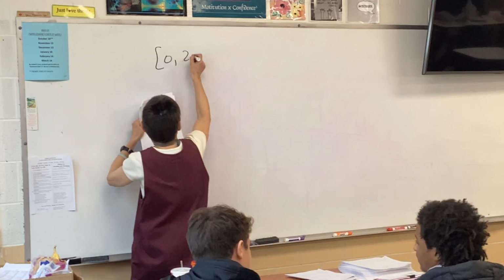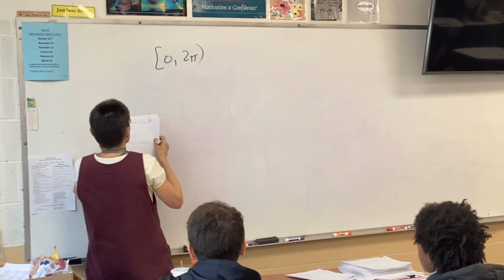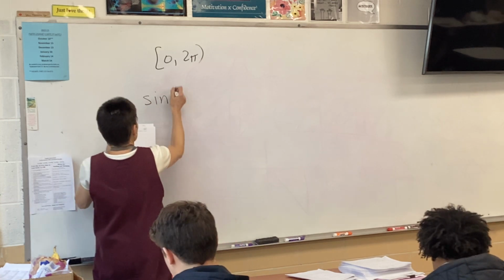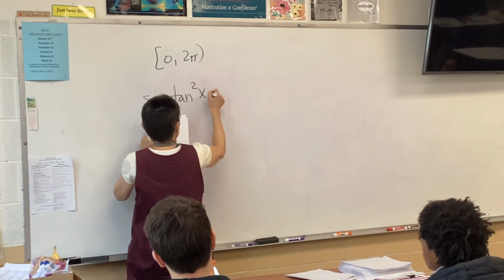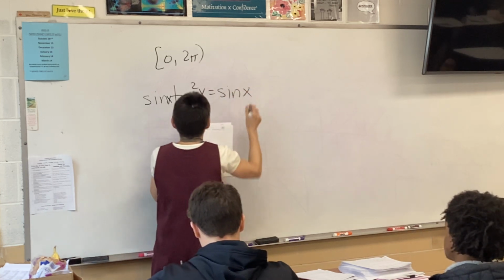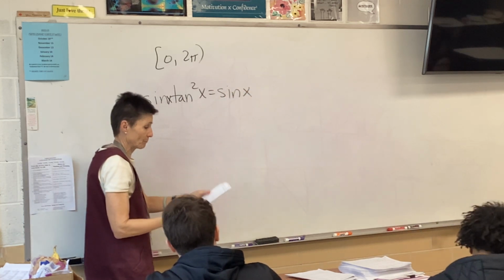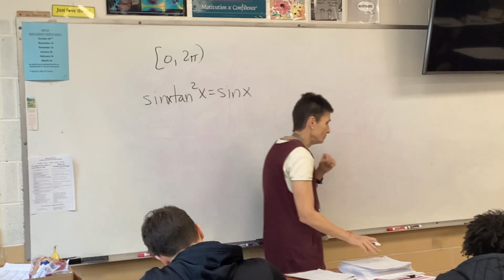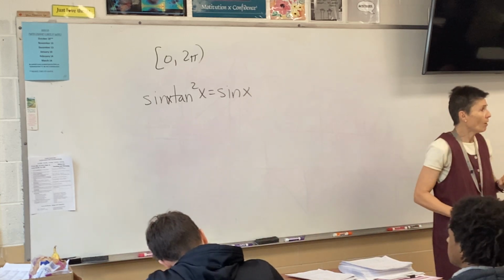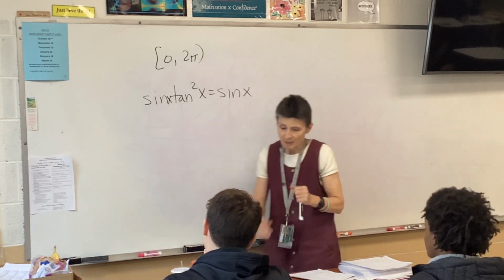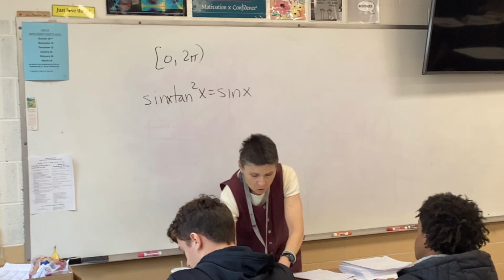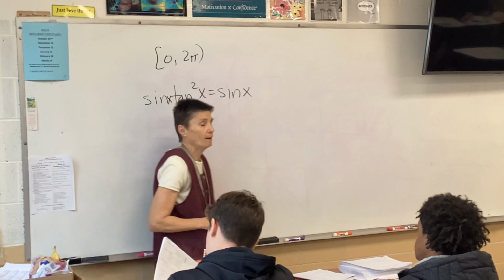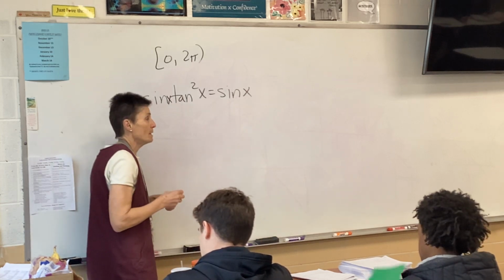Yesterday we solved a big trigonometric equation. Here we go. We are doing the same thing today. Now, as with all things mathematics, there are many different ways to approach every problem we do.